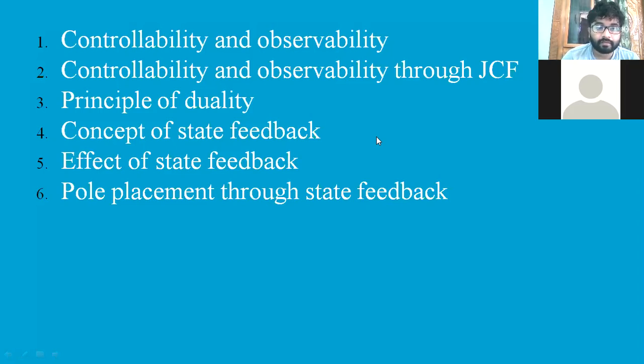Next, principle of duality, and next, concept of state feedback. Effect of state feedback, pole placement through the state feedback. The last three topics are related to state feedback. What is state feedback and what is important, I will tell you later.